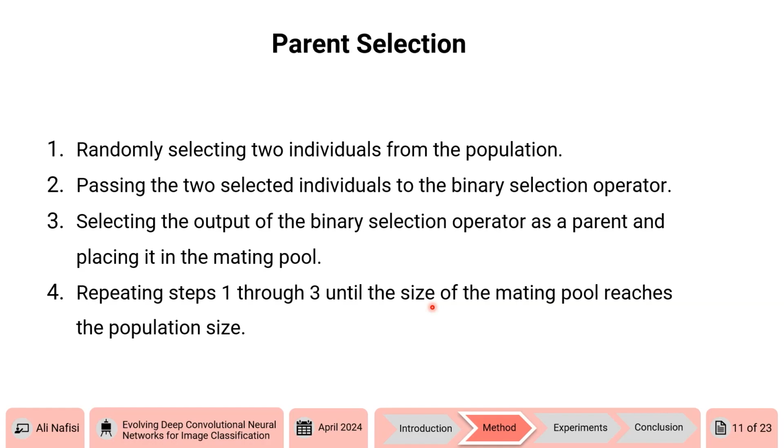The output of it is one of those two, and we just place it in the mating pool. We have a mating pool that we're going to use later. Here we just want to fill that mating pool. So this is the third step. We repeat these three steps until the mating pool size reaches the population size. Let me describe this point later in the next slides.